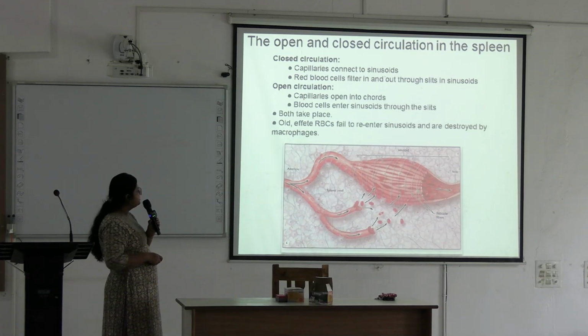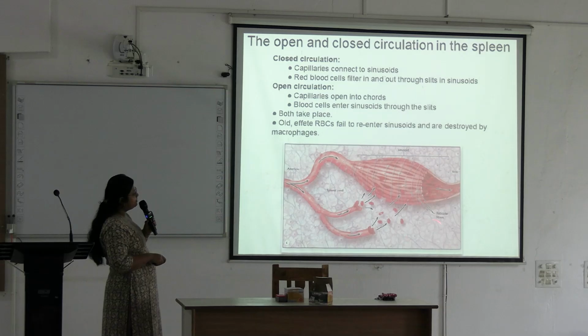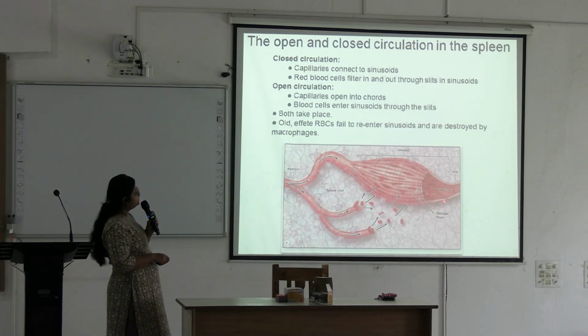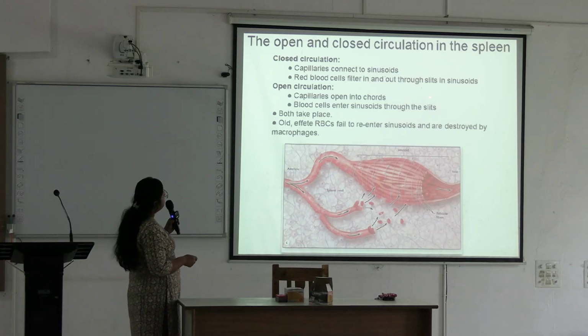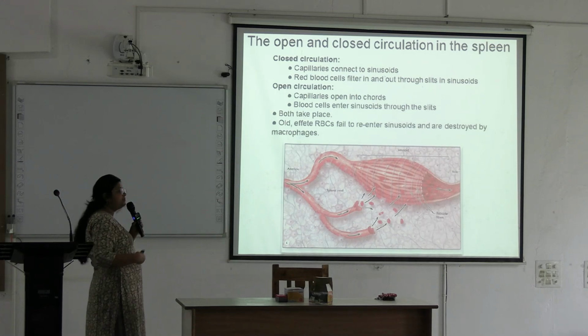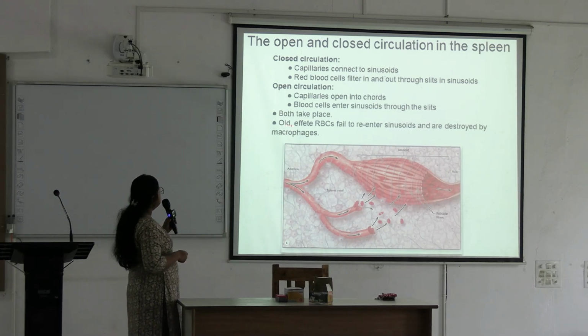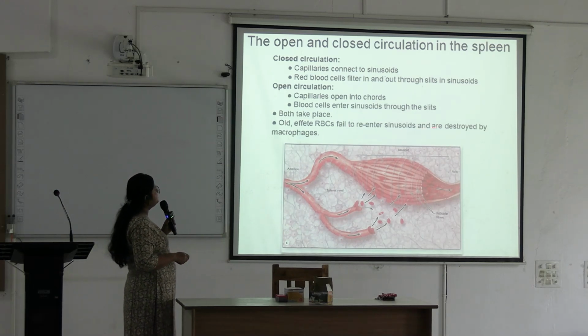In this picture, you can see clearly, here is the closed circulation, here is the open circulation, blood cells are opening into the spaces and RBCs are entering through the slits into the sinusoids. Okay. Blood cells enter the sinusoids through the slits and both take place. Both the closed and open circulation take place and old effete RBCs fail to re-enter the sinusoids and are destroyed by the macrophages.